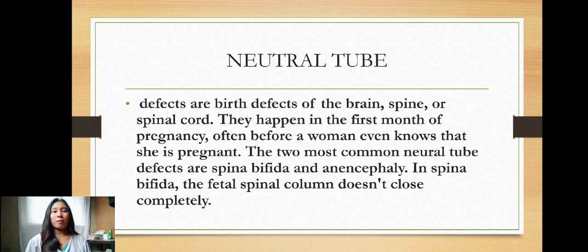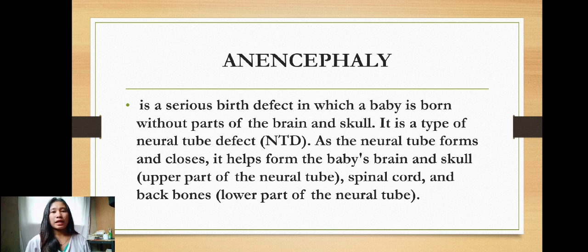It is a defect or birth defect of the brain, spine, or spinal cord. They happen in the first month of pregnancy, often before a woman even knows that she is pregnant. The two most common neural tube defects are spina bifida and anencephaly. In spina bifida, the spinal column does not close completely.